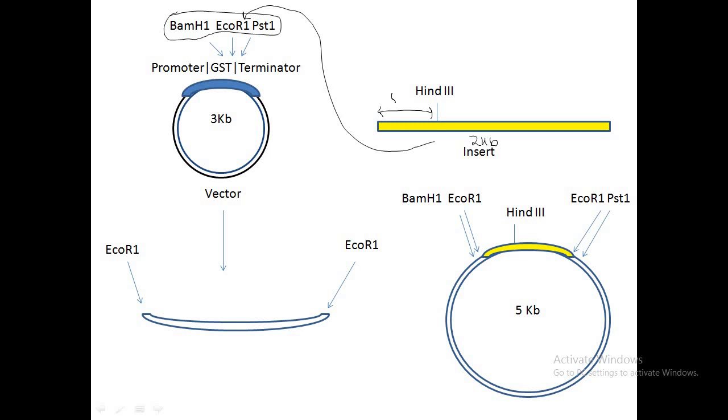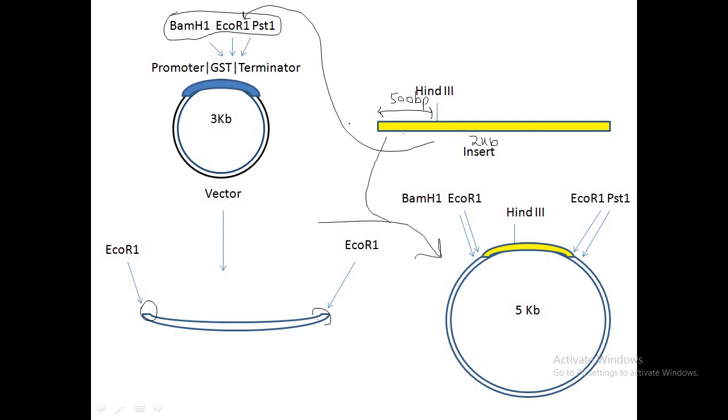At first you will digest the vector using this EcoR1 site. When you cleave this vector with EcoR1, we will have the EcoR1 overhang at both ends. Similarly you treat the insert with the same restriction enzyme and then ligate both of them.